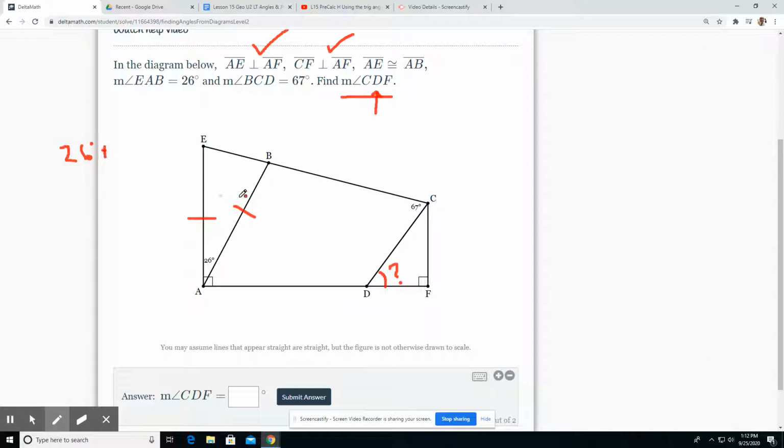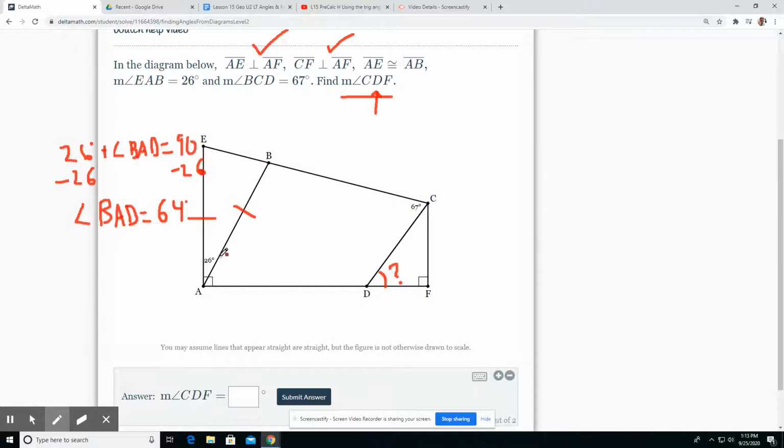plus this angle right here, angle BAD, is equal to 90. So if I subtract 26, angle BAD is equal to, let's see, 90 minus 26 is 64 degrees.